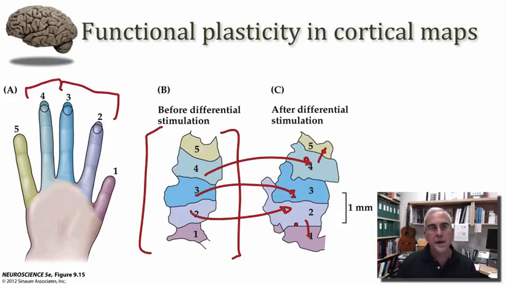Well, what kind of mechanisms then might be responsible for these kinds of changes in the somatic sensory and motor maps? Hopefully you will recall the mechanisms of synaptic plasticity that we discussed in Unit 2. That would include long-term potentiation, long-term depression, and the consequences of these physiological changes for the growth or the pruning of synaptic connections.